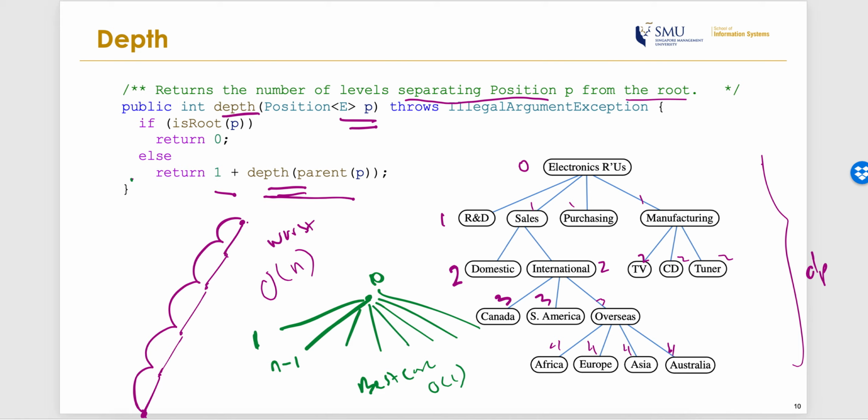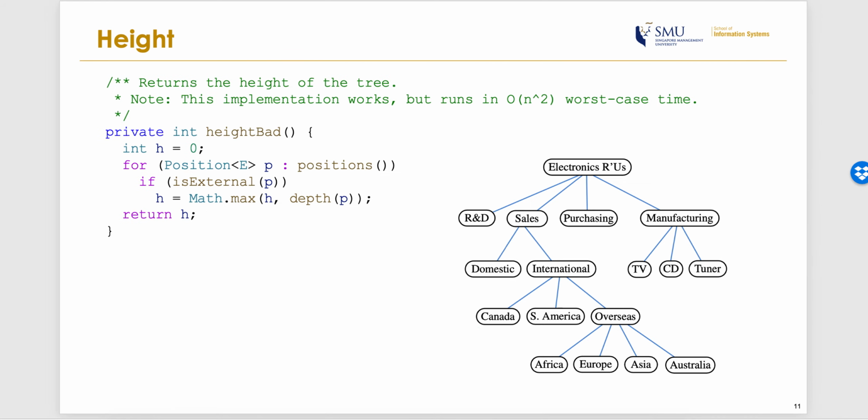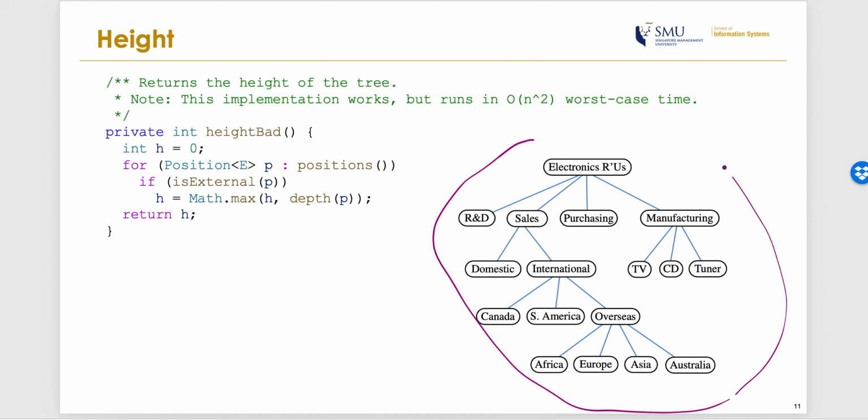All right, now that's with respect to the depth, and the depth is defined for a node, right? Now you might also have a notion of what we call the height. In the case of the height, we are looking at the tree as a whole, and we are asking, what is its height?